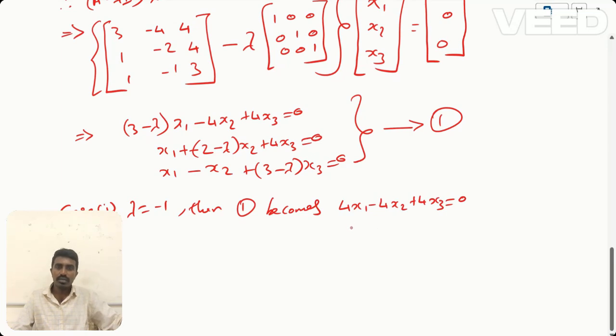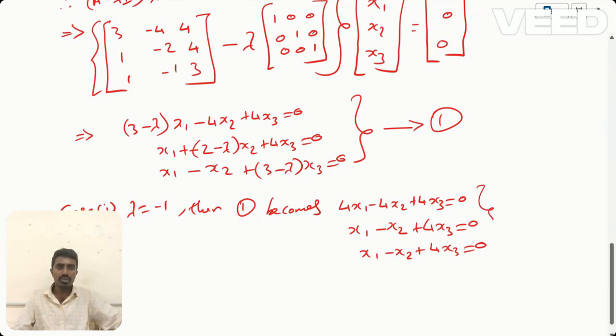Next is x1, then minus 2 minus of minus 1, so minus x2 plus 4x3 equal to 0. Next x1 minus x2. Here also if you put minus of minus 1, then you get plus 1, 3 plus 1, 4, plus 4x3 equal to 0. Here the second and third equations are the same.